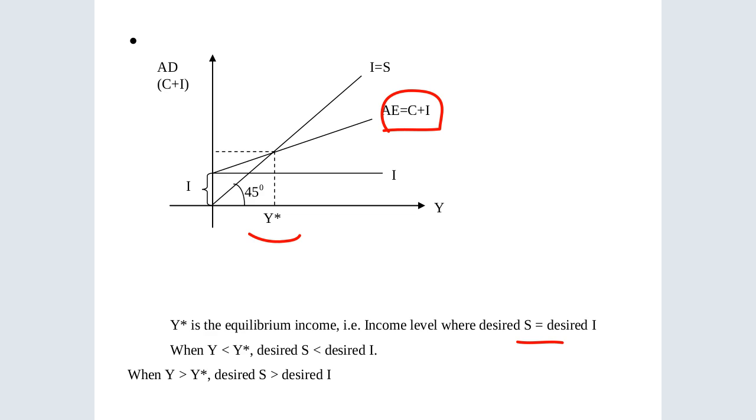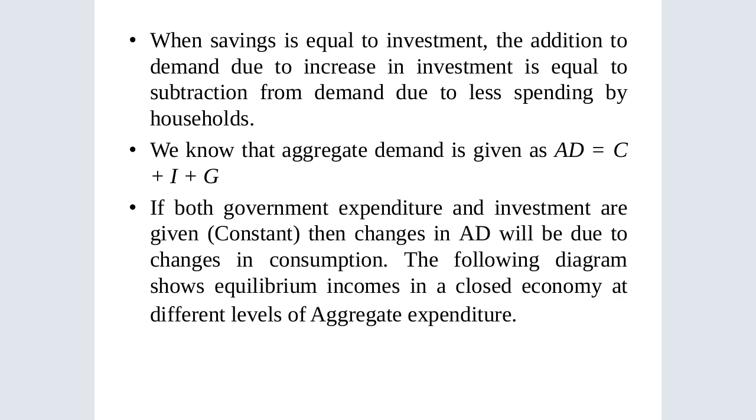Whenever we have Y greater than Y star, the savings are more than the desired investment. This part here simply shows the region where the savings are greater than the investment.